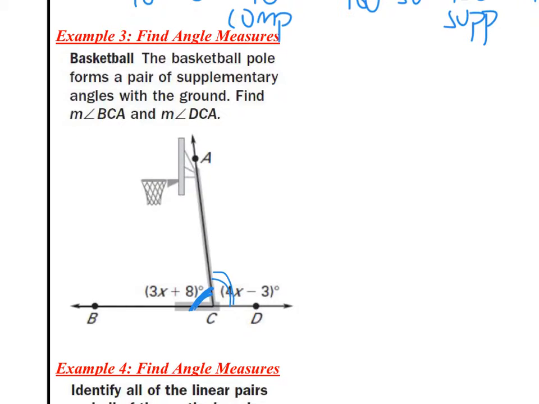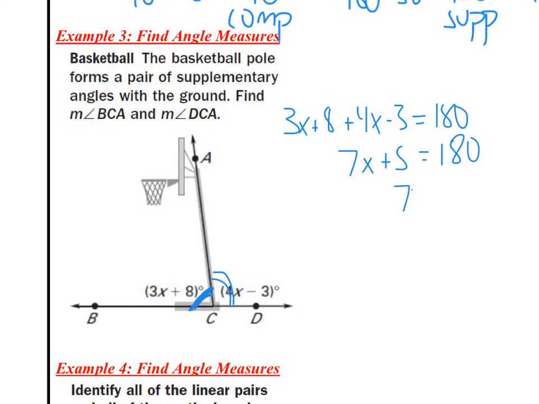So they are supplementary, so I can add them together and I know it would equal 180. So 3x plus 8 plus 4x minus 3 equals 180. So 7x plus 5 equals 180. So 7x equals 175.